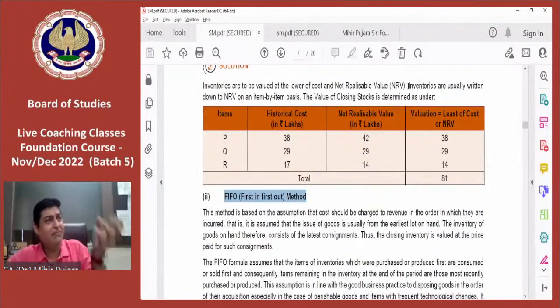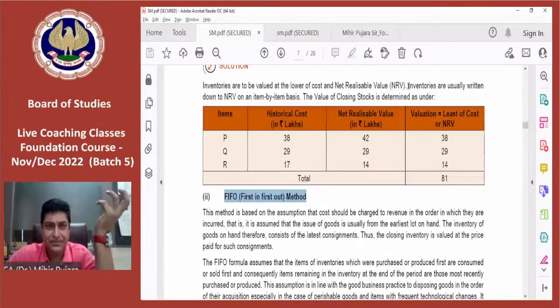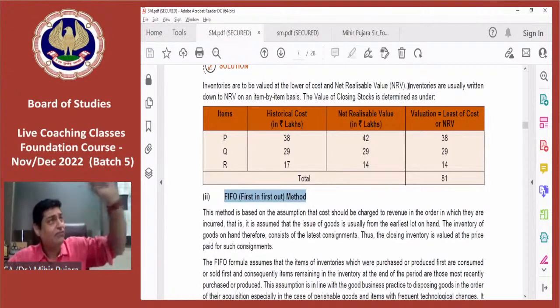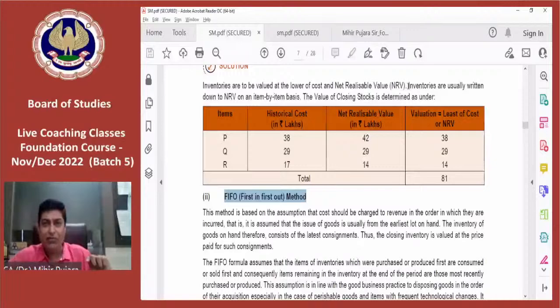So say for example, you did a first purchase on 1st of July, then 10 July, then 15 July. Now on 20 July you have to sell the stock. So your purchases are in the sequence of 1, 10, 15. What will you do?